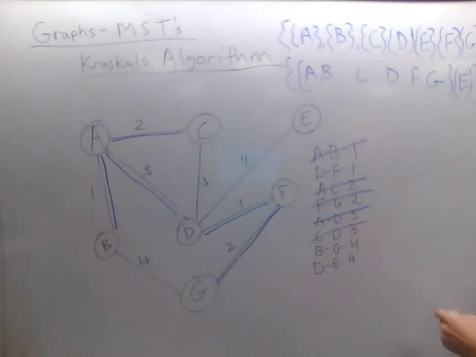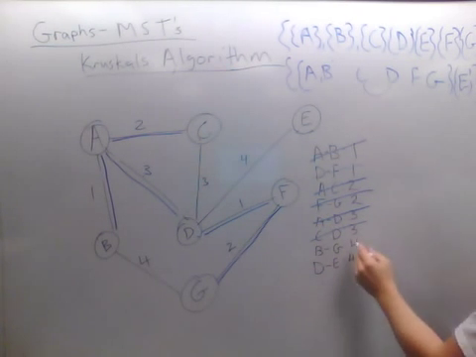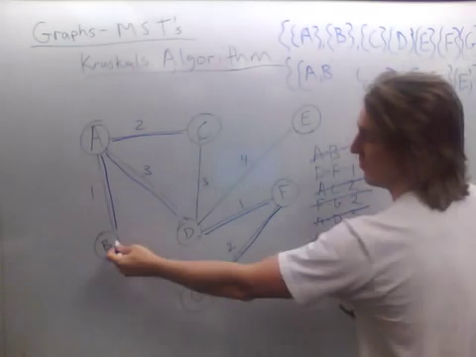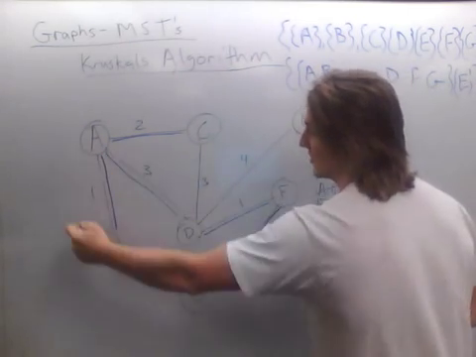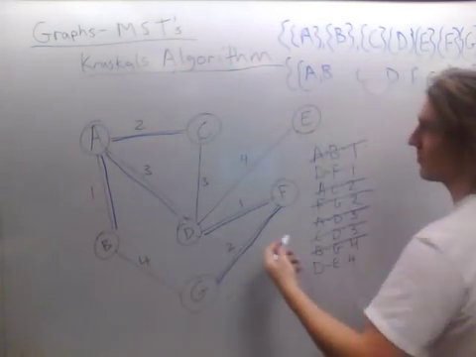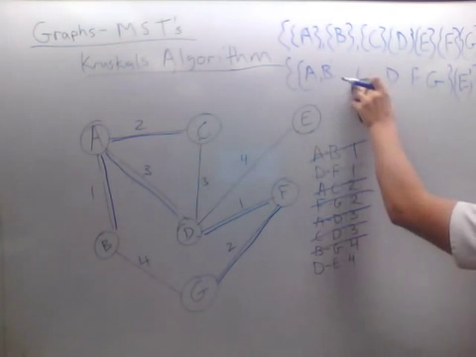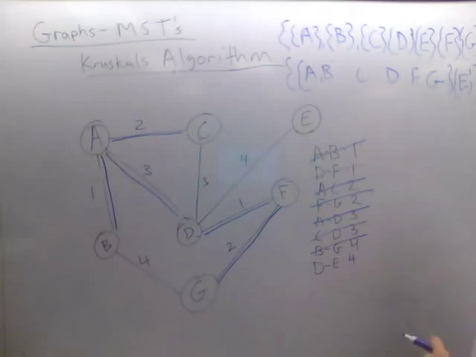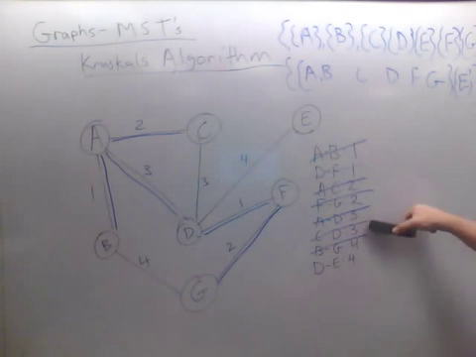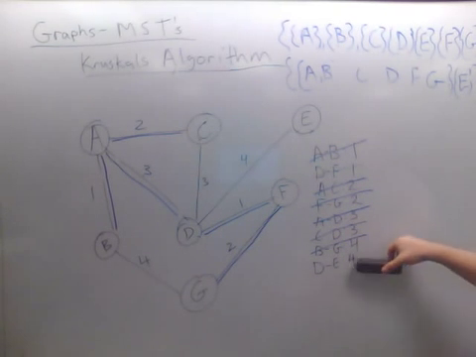Using union find, we see that C and D are already in the same set, so I cannot add them. And that's the same case with B and G. If I add B and G, then now I have a cycle inside my graph. And being a minimum spanning tree, you can't have cycles within a tree. So I couldn't add CD, couldn't add B and G, so now I get to DE.